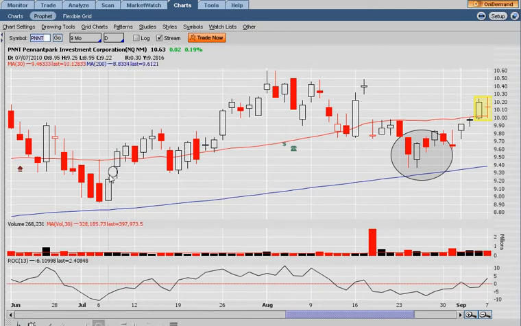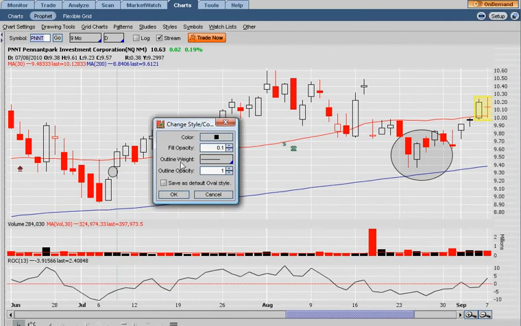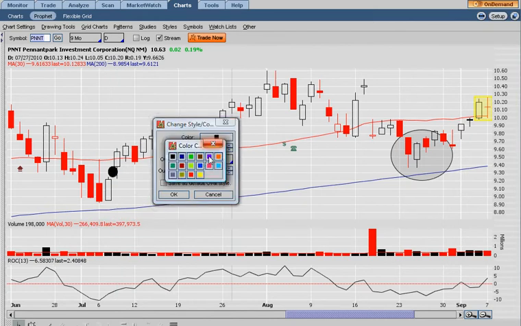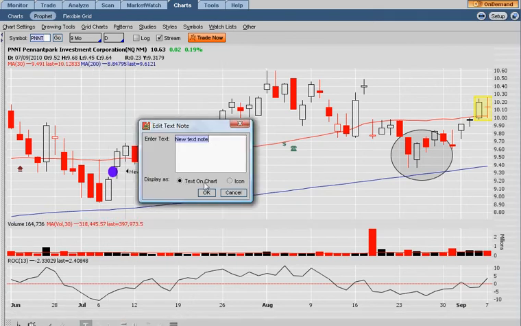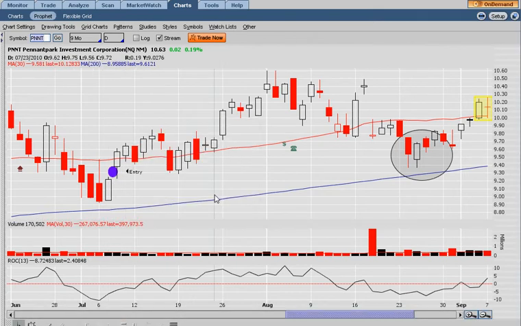That was my entry point, and I'll change that color a bit. I was looking for a short-term trade, so I was just using the 1 month, 2 month chart, and I had my trend line here, and I was saying, alright, what's going on here? What's going on here?